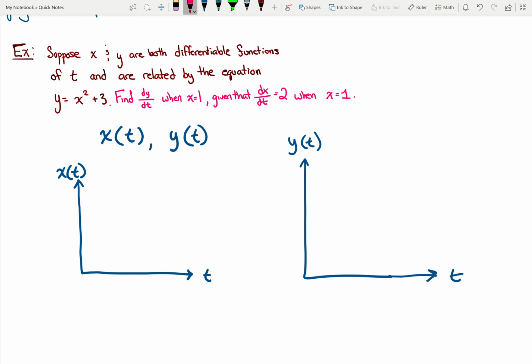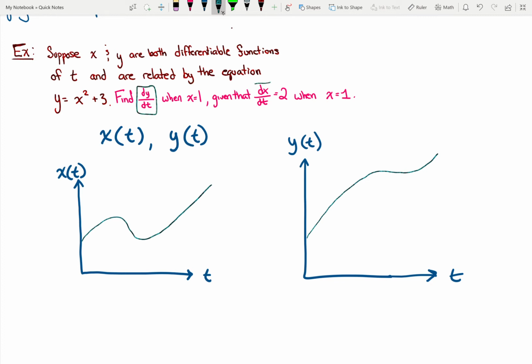Both of these are just some function, something we're not defining precisely right now. Maybe they look like this, or maybe like that, I don't know.